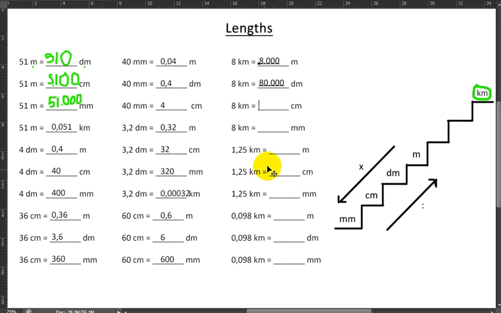Kilometers to centimeters is 1, 2, 3, 4, 5 steps down, so that would be 8 times 100,000, which gives me 800,000. And next, that's 6 steps down, so a million. So 8 times a million would give me 8 million.